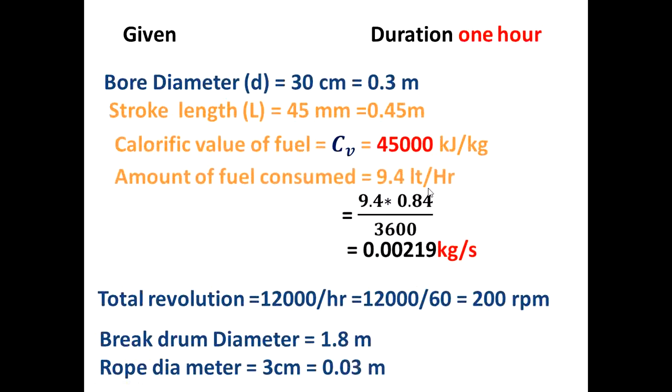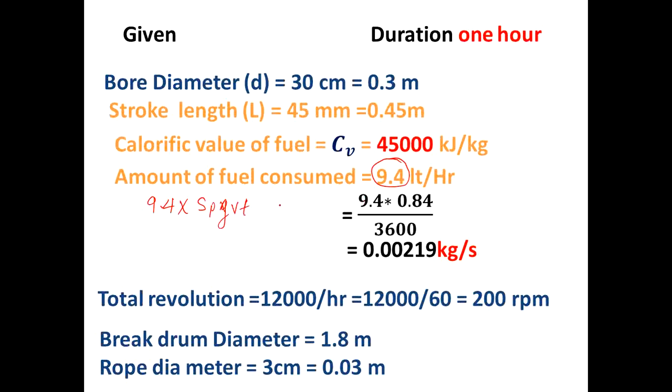Amount of fuel consumed: how are we going to calculate it? Let me explain this properly. It is given in terms of liters per hour, 9.04 liters per hour. You want to convert this into kg. If you convert this liter volume using specific gravity, then it will be turned.